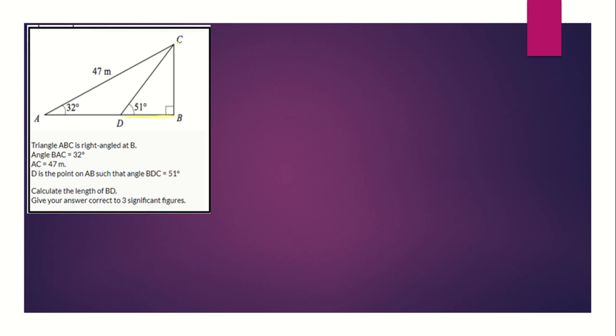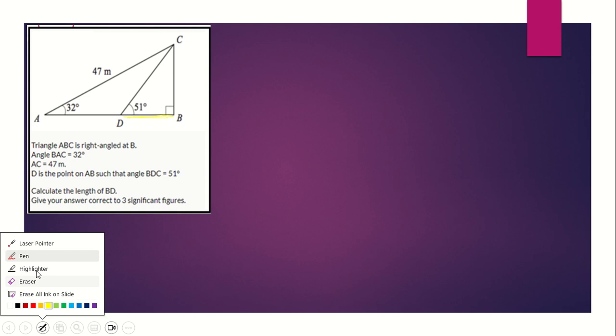So we'll be considering this triangle as ABC or ACB, which is right angle triangle at B, and another triangle, that is CBD, which is again right angle at B. So now, since we want to find out BD, for this triangle and also the other triangle, the common side is BC. So we'll find out first the value of BC, and considering this we can find out the value of BD.